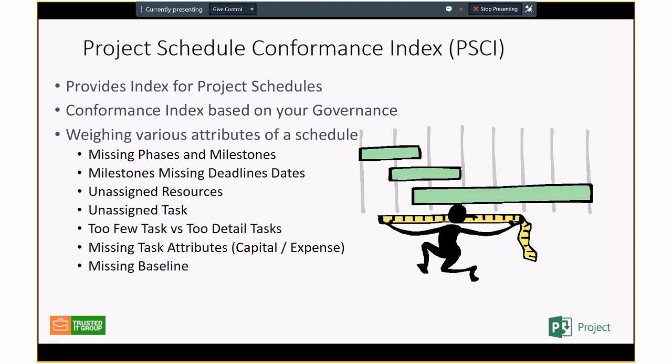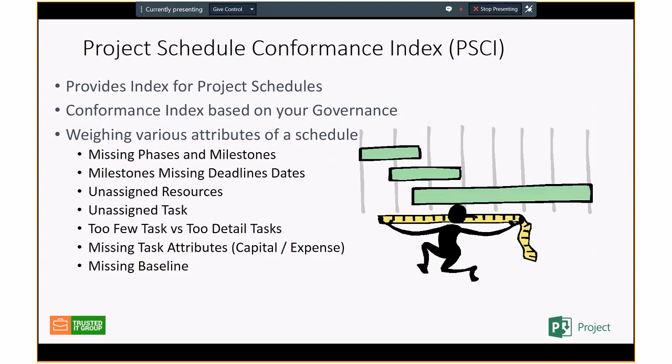If they're in your schedule, there's no need to delete them, but sometimes a project manager fat fingers and deletes them by mistake, or renames them, or does something to them. So you want to monitor the schedule to make sure those things are still in there if they're supposed to be in there. Or if you've got milestones, and a milestone is supposed to have a deadline, just validate that all the milestones have a deadline date in there.